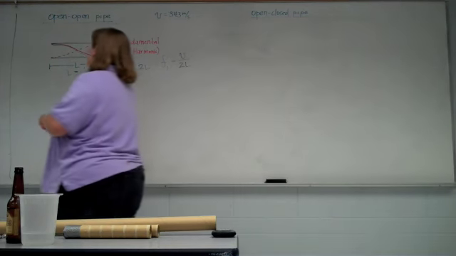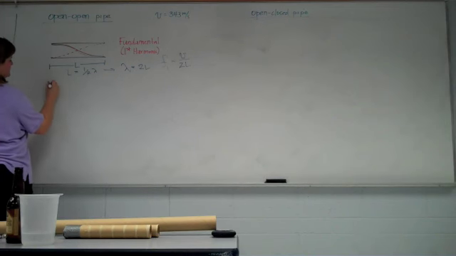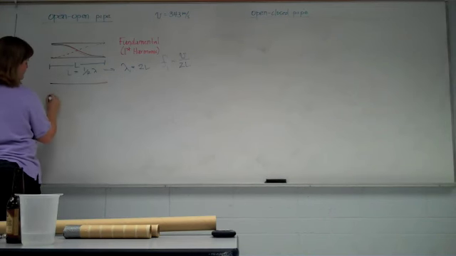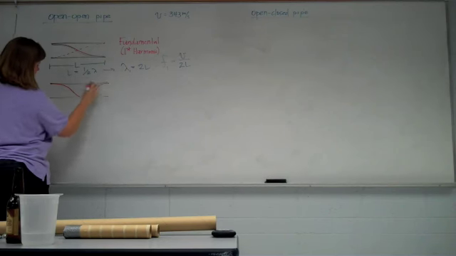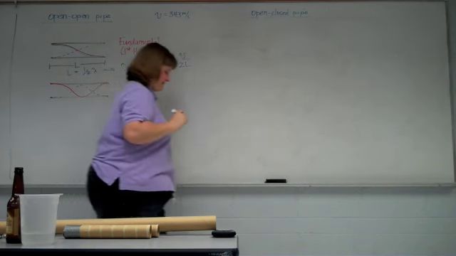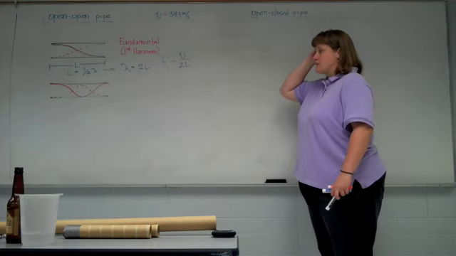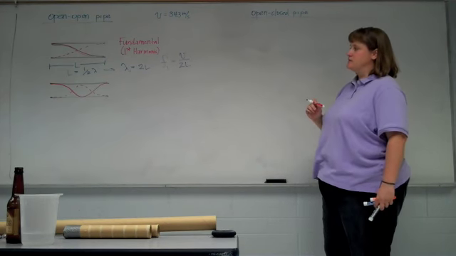When we look at the next allowable pattern, all we do is we add an extra antinode. So the next pattern we can see looks like that. So we get an extra antinode in the middle.